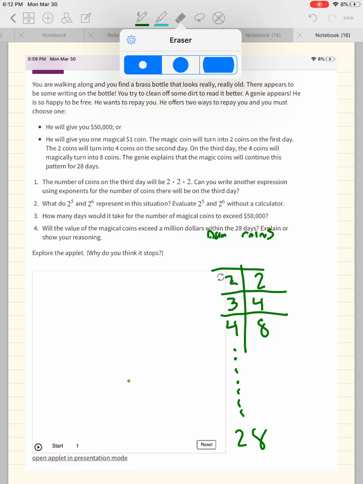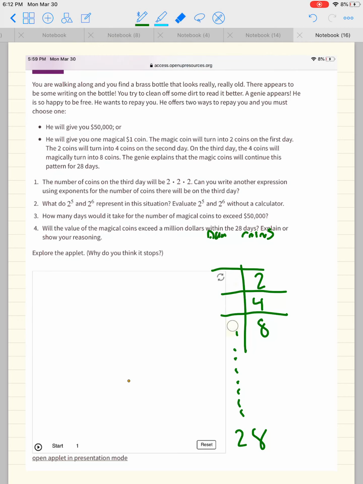Okay, sorry. It says the number of coins on the third day will be 2 times 2 times 2.